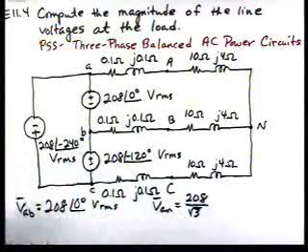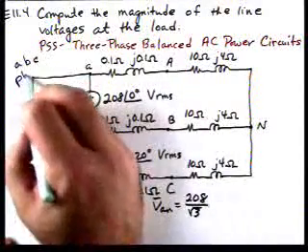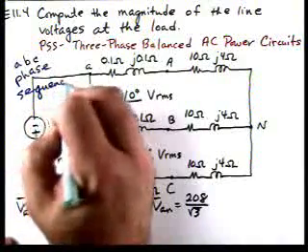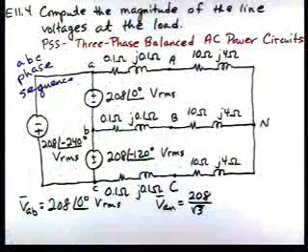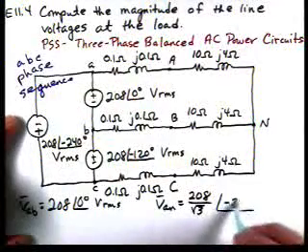So we know we have ABC phase sequence. And as a result, the angle on VAN is minus 30.